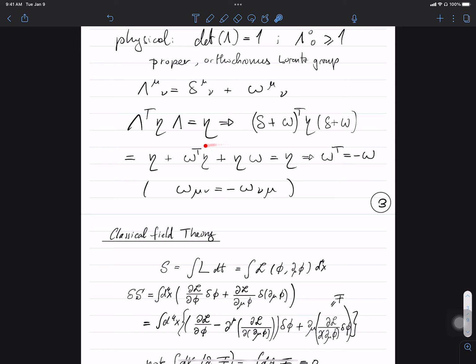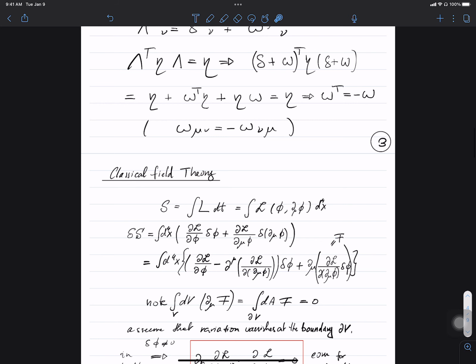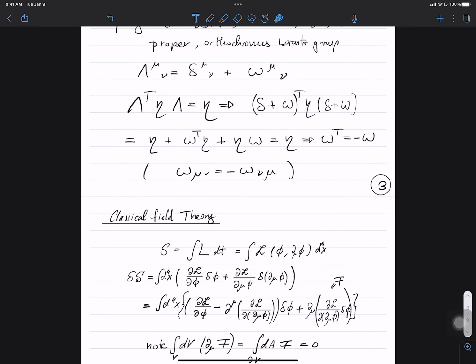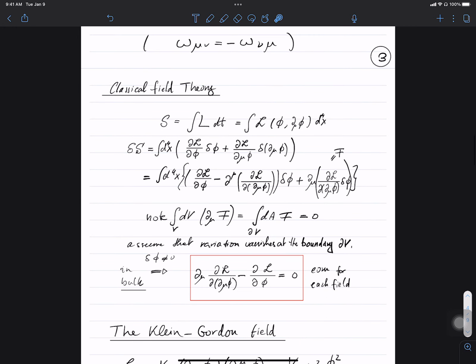So we know that this part here has to vanish, which just means that omega transposed has to be equal to negative omega. So in index notation it means that if we flip the indices of this omega, we get a minus sign. So it's transposed, it's equal to its negative. So it's antisymmetric. Good. So we have now found the properties of the generators of the Lorentz group, and we will look a little bit also at its properties in the exercise sheet.